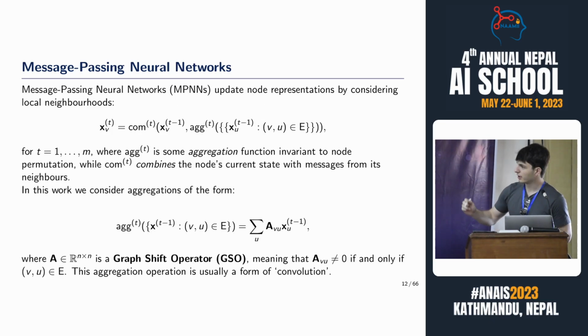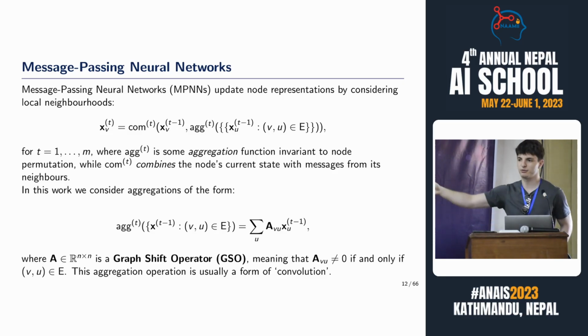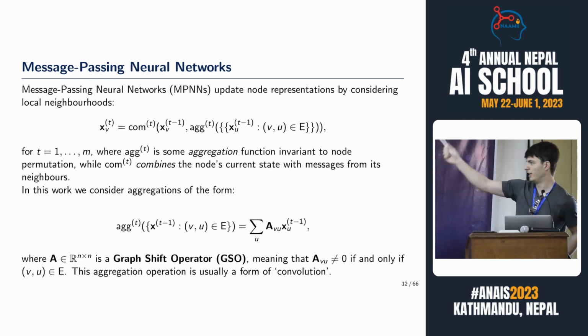Just to be a bit more concrete on the aggregation function, maybe you've seen this in a few talks. From a linear algebra sense, all you're doing is using this adjacency matrix, and this is why the adjacency matrix is so convenient, because you're directly summing over the neighbors, right?